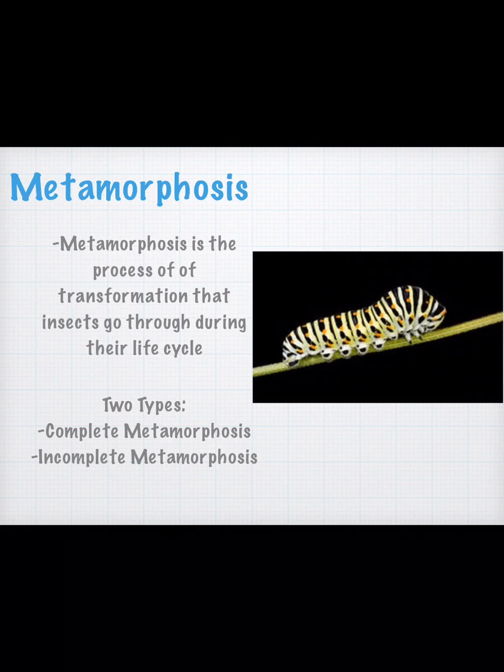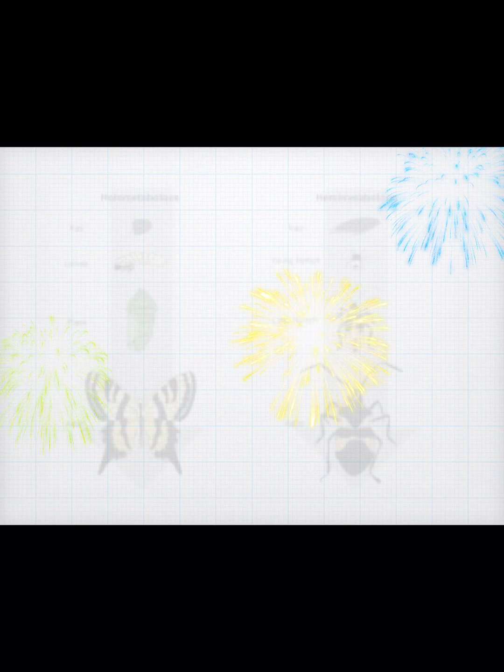So they hatch from eggs, and then they turn into worm-like creatures called larvae, and then they spin a cocoon or a chrysalis, we call that a pupa, and then they hatch, then they're full-grown adults, and we call that metamorphosis. There are 2 types of metamorphosis: complete metamorphosis and incomplete metamorphosis. Let's talk about complete first.